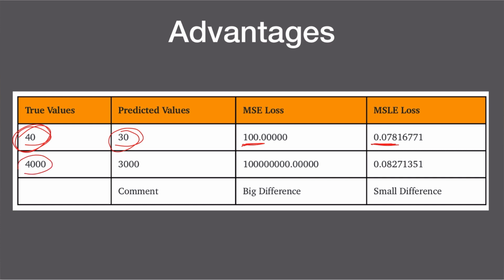Whereas if your true value is 4000 and this is 3000, there is a 1000 difference, and if you take the square of that, you see how big the MSE is coming. But your log value is still 0.082. So if the error is large, there is a big difference in MSE, but there is only a small difference here, 0.07 to 0.08. You see the difference here, right?